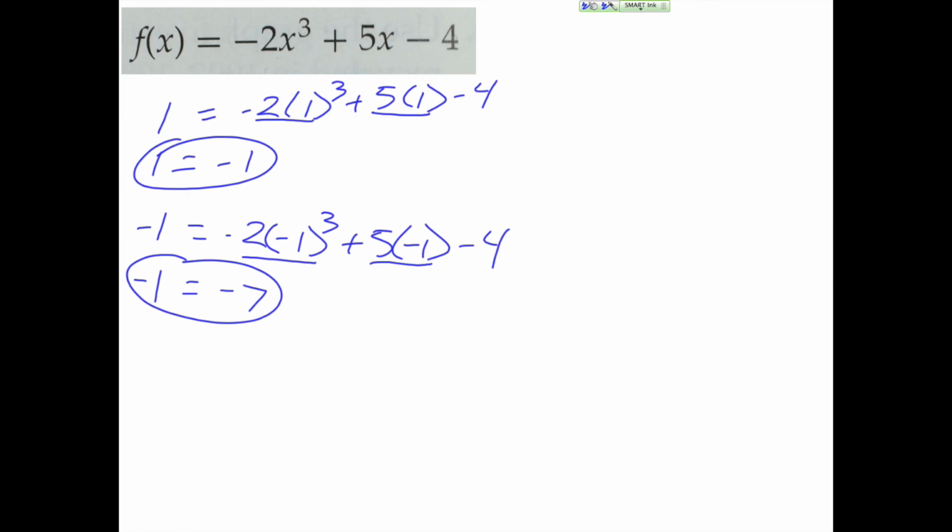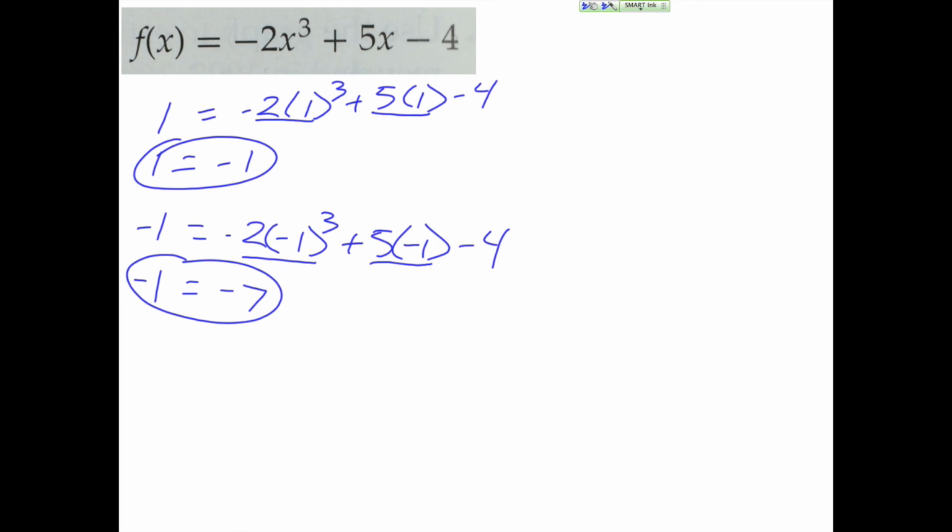All right, so let's recap today. Back to the very first one, we were finding y-intercepts and zeros algebraically. How do we find y-intercepts? Plug in 0 for the x. How do we find zeros? Set it equal to 0 and solve. Usually involves some type of factoring. Good. Okay, then we determine symmetry.